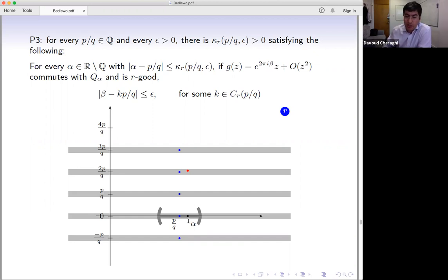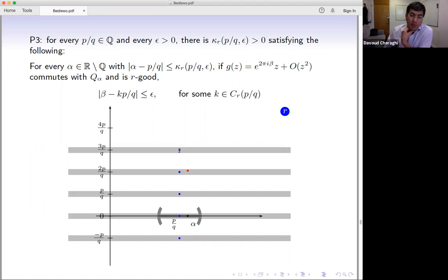Yes? So I want to control the rotation numbers of the maps that commute with some Q sub alpha. So you can take any alpha in that neighborhood and you take the Q sub alpha. If a germ of a holomorphic map commutes with Q sub alpha, its rotation number must be contained in a thin strip near these values.